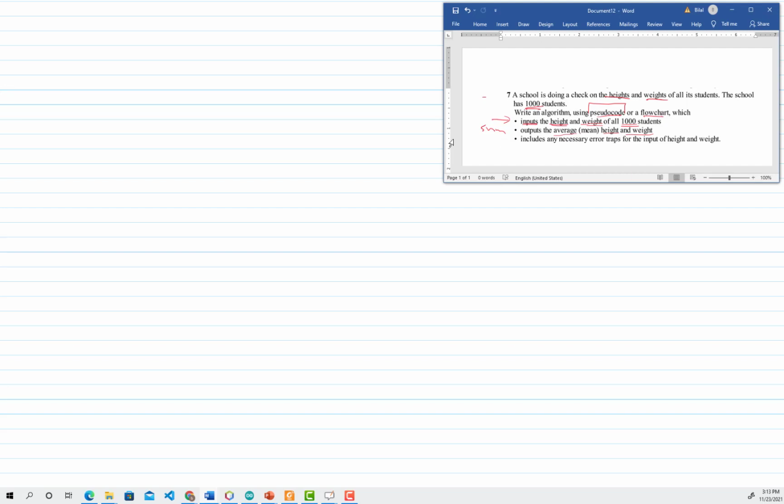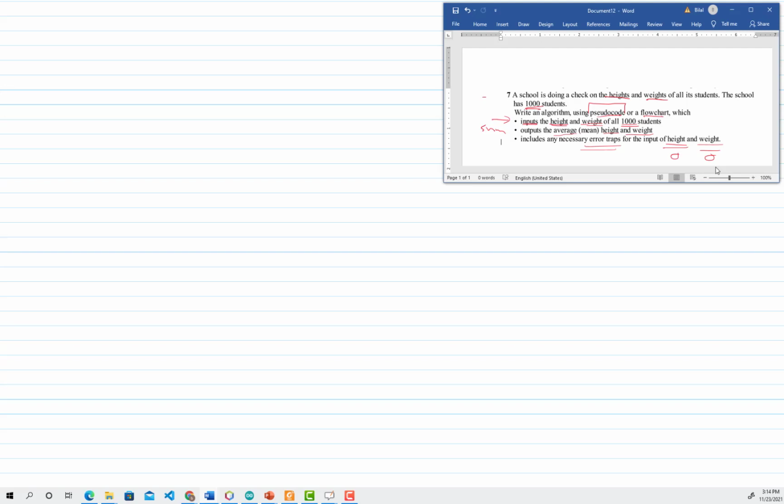The question also says to include any necessary error traps for the input of height and weight. What do we mean by error traps? Height and weight should not be negative. For students, at some level, height should not be less than, say, 30 centimeters. No person on earth is shorter than 30 centimeters, right? We can use 0 as a limit because we cannot take height or weight as negative values.